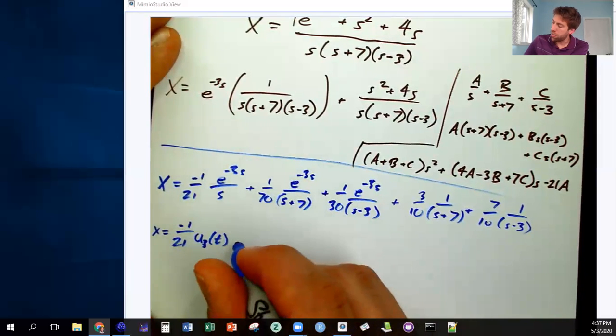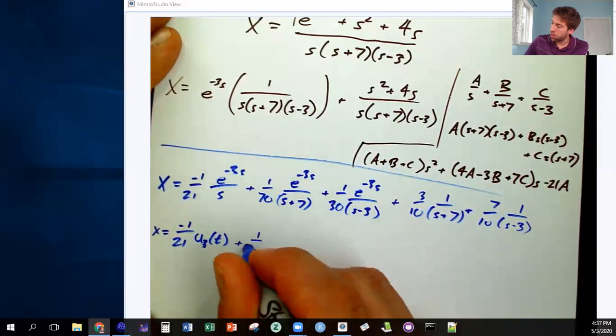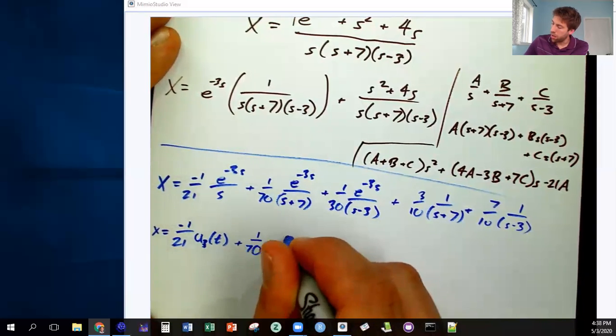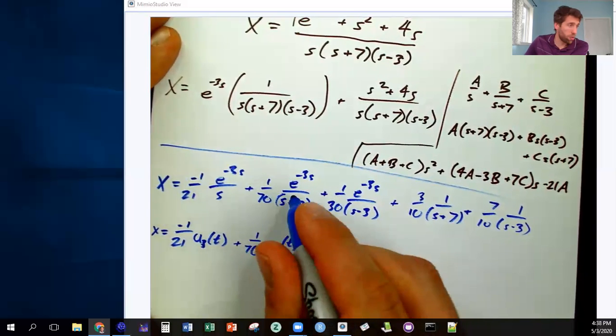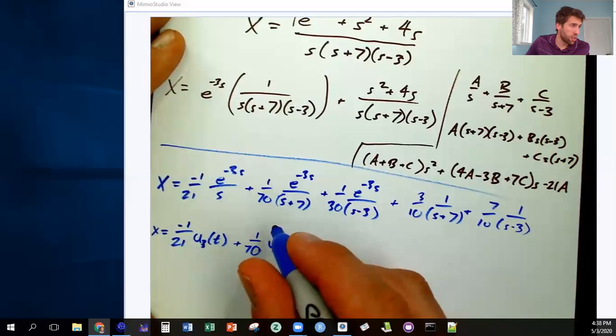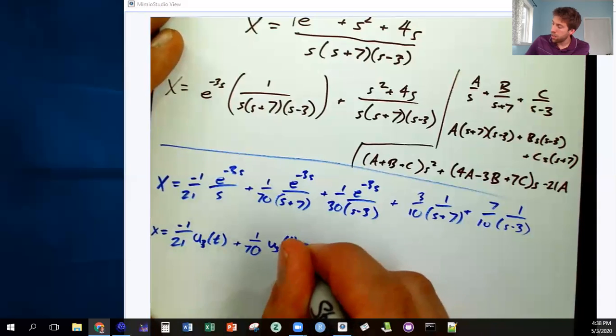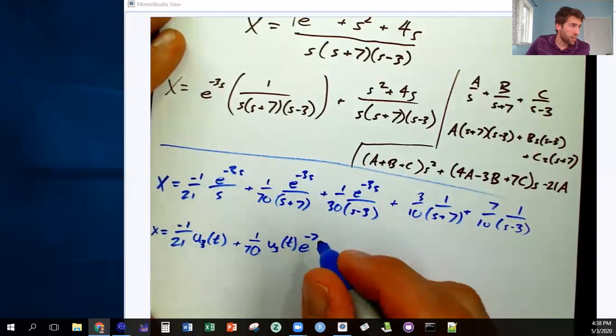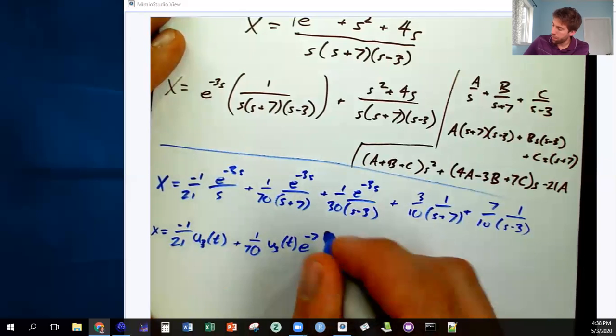plus 1 over 70 u3 of t times 1 over s plus 7 would be e to the negative 7t, but instead of t, it's t minus 3.